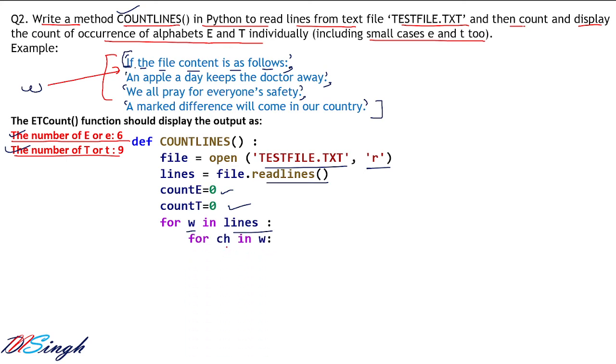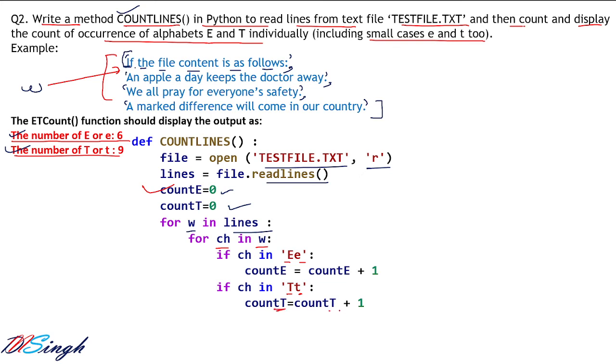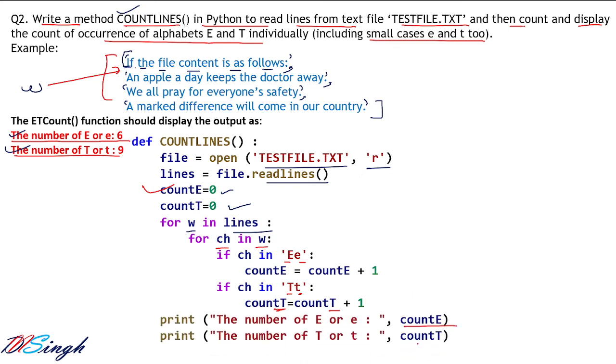Next we will compare for ch in W. Now you have a nested loop inside it, because we need to iterate over a single line itself, and then we can have a condition for E and a condition for T. For ch, if it is either capital E or small e, then we need to increase the count of E. If it is not the case, and it is capital T or small t, then we need to increment the count of T. This will happen for each character of each line, and once one line is completed, it will go to the next line. At last we will display both the count of E and the count of T.